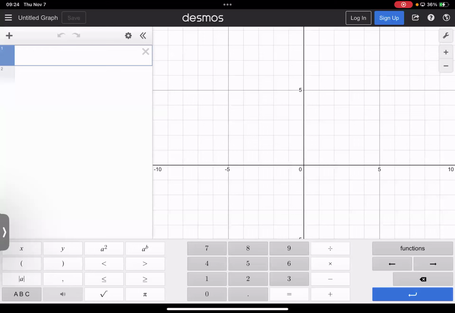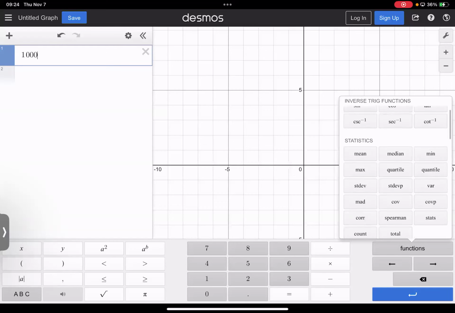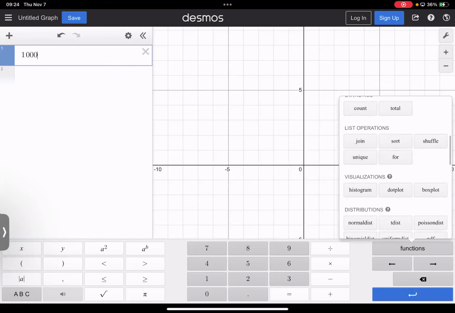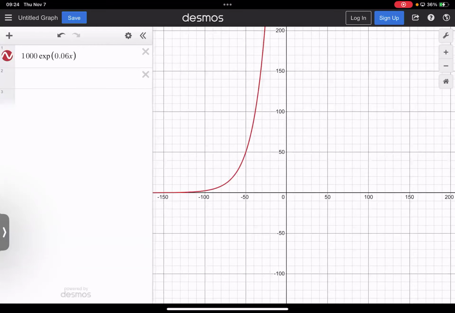Okay, let me remember. 1000 times the function exp of 0.06x. So in Desmos, the exp is e to the power, and then whatever's in the power is inside the brackets. Oh, I was wondering why it wasn't showing up.